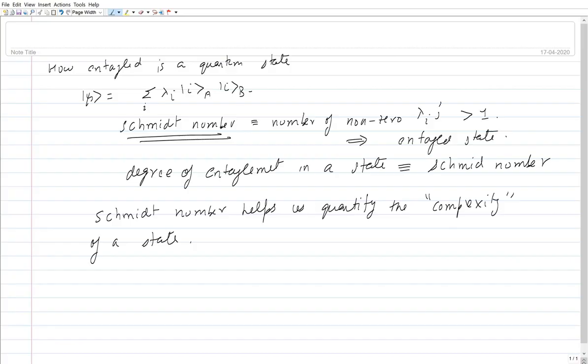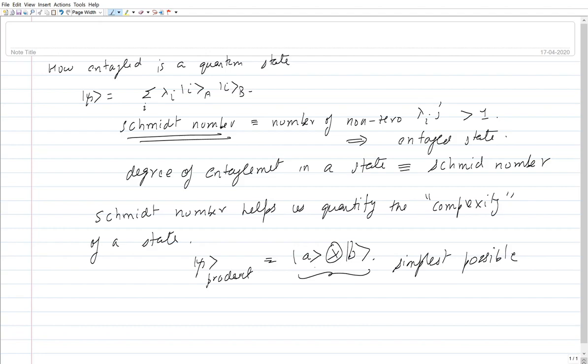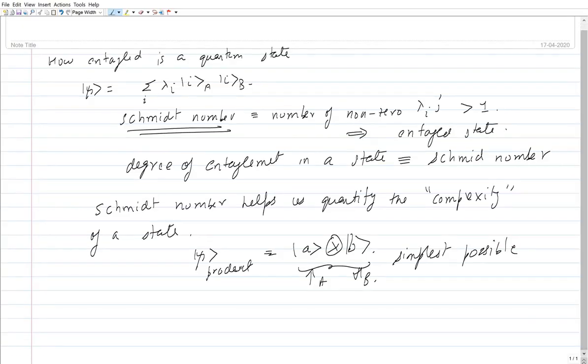So intuitively speaking, a product state, in the sense a state in the form of just a tensor product, is the simplest possible state, in the sense it can be written just as a product of two states, one on system A and the other on system B. And the states which cannot be factored like that, we call them the entangled state.